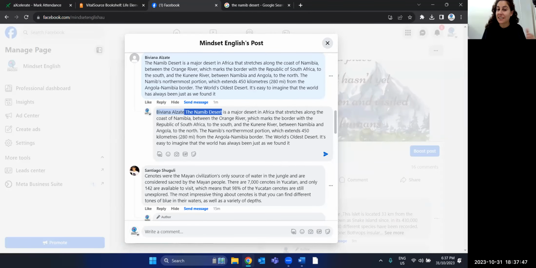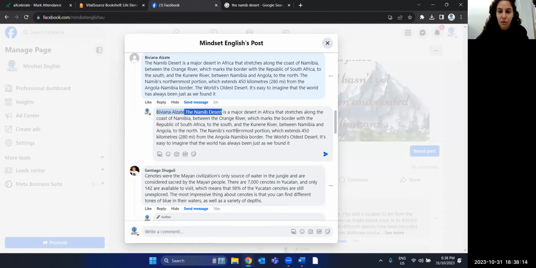It is a major desert in Africa that stretches, that means how long it is, along the coast of Namibia, between the Orange River, which marks the border with the Republic of South Africa to the south, and the Kunene River between Namibia and Angola to the north. So it's a desert next to South Africa, Namibia and Angola.